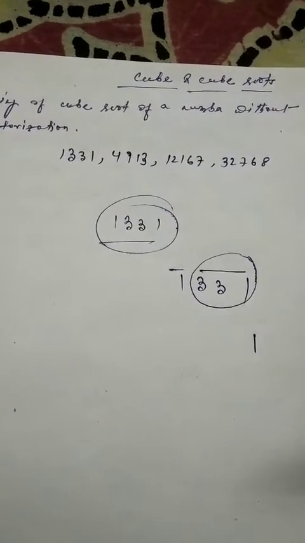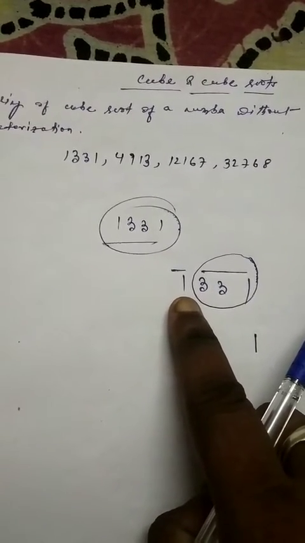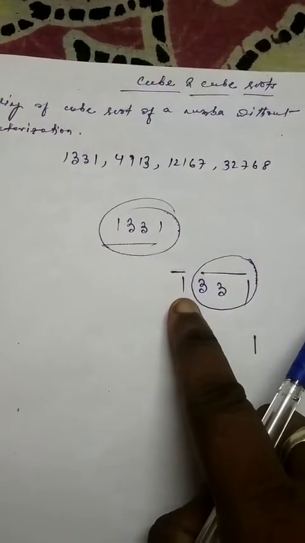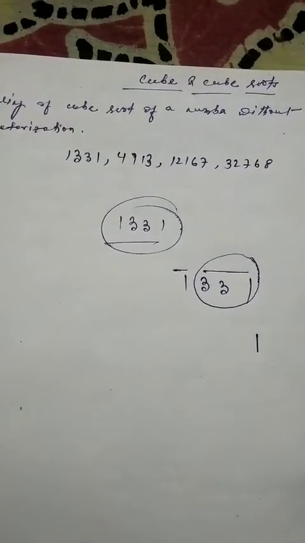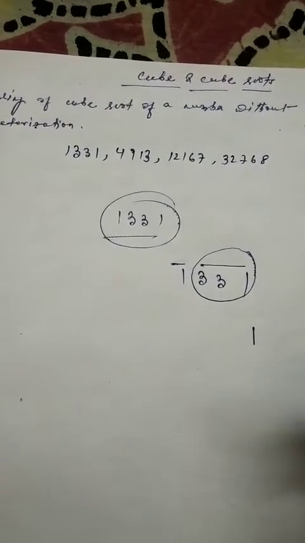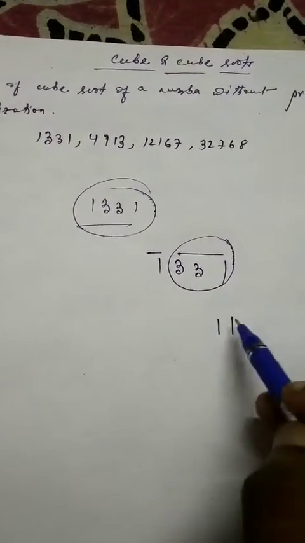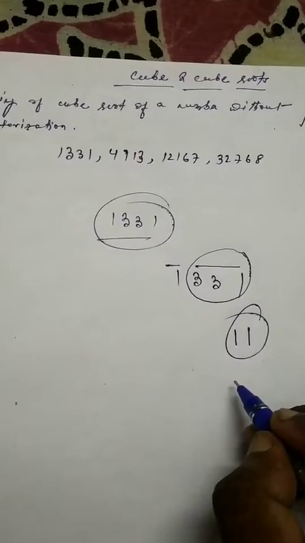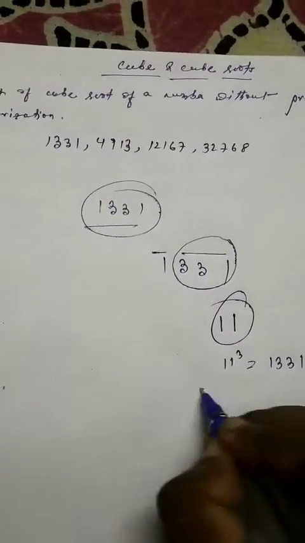If I take 2's cube, that is 8. 8 is bigger than 1, so I cannot take 8 over here. I cannot take 2 over here. 1's cube is 1, so that is what I'm writing over here, 1. My answer is 11. It means 11's cube is 1331.